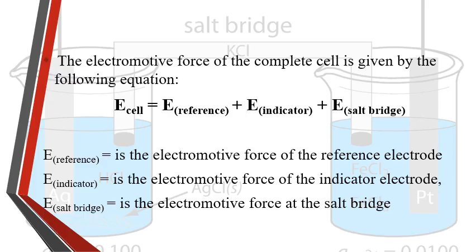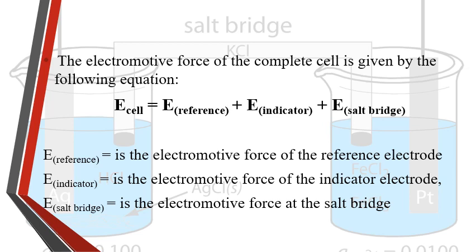E reference is stable and known, used as the baseline to measure the potential of the indicator electrode. The indicator electrode potential is unknown and is directly proportional to the concentration. The indicator electrode is the one where the reaction of interest takes place, and its potential changes depending on the concentration of the species involved in the reaction.